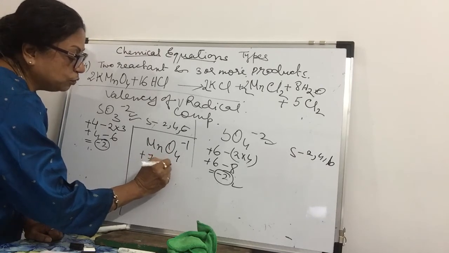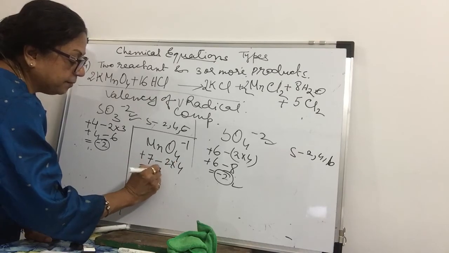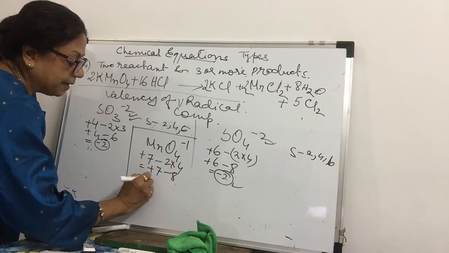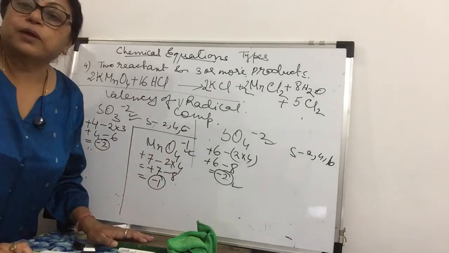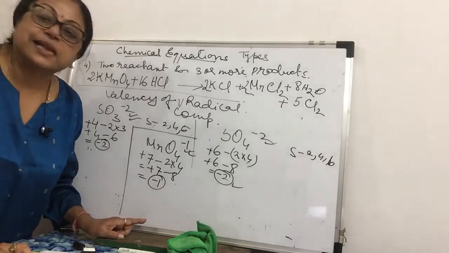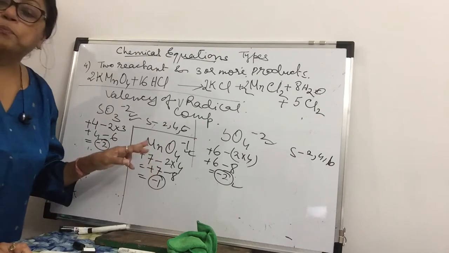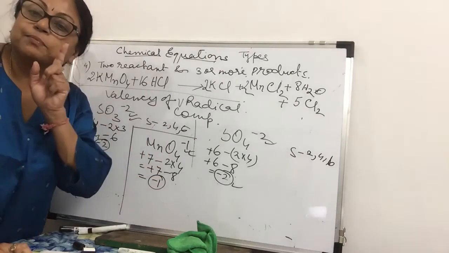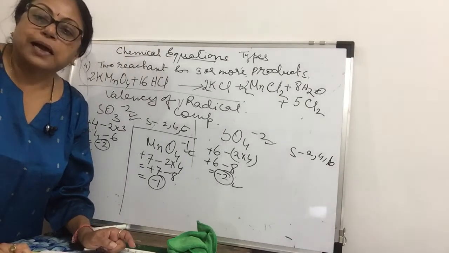So plus 7 minus 8 becomes minus 1. This has a tetrahedral structure which is not in the syllabus till 10th standard. But you know that permanganate MnO4 has valency minus 1 and manganate also has valency minus 1.